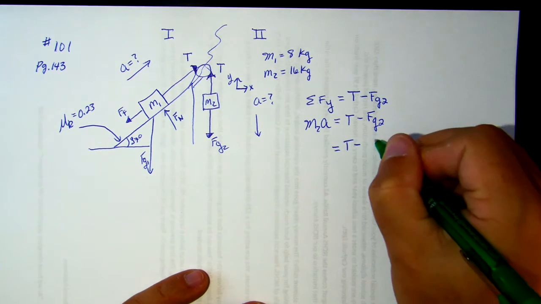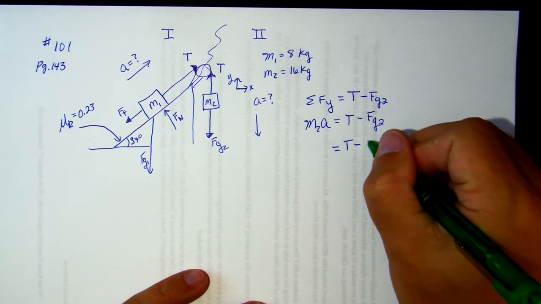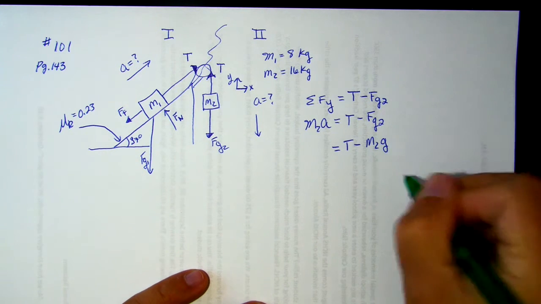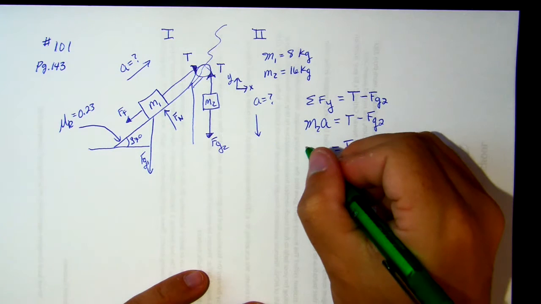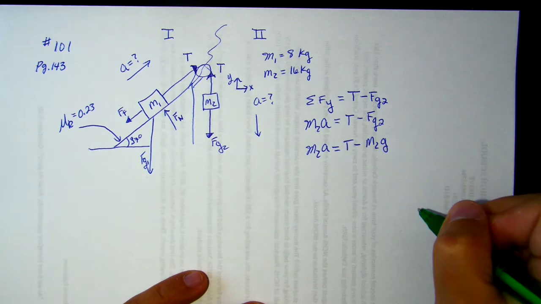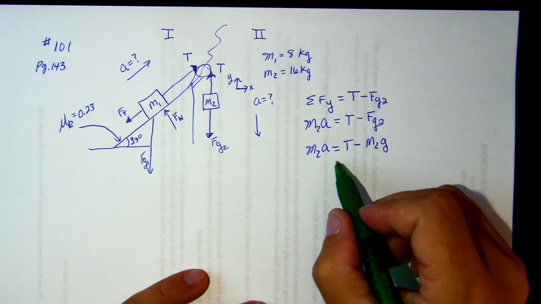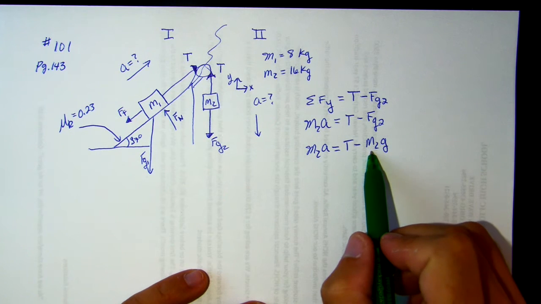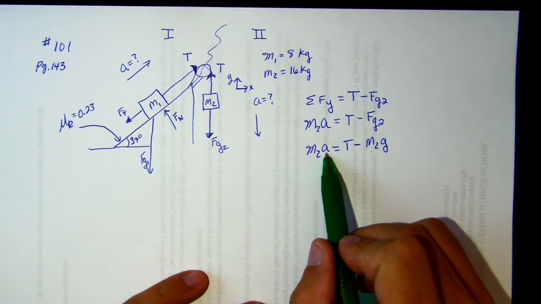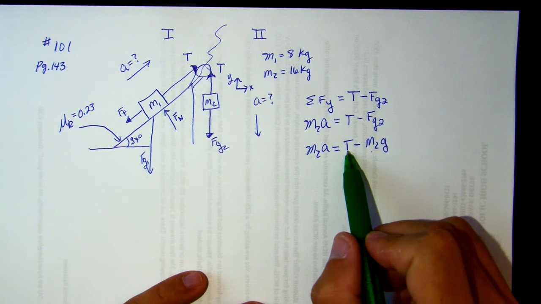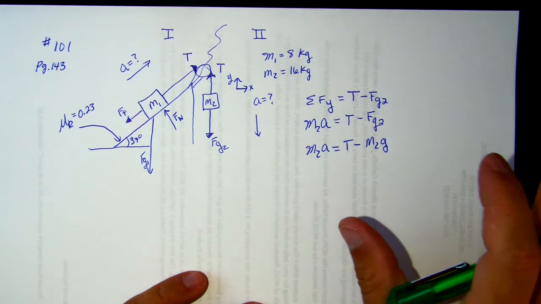So T minus FG2 is M2G, mass of object 2 times gravity. I know M2, I know G, I don't know A, that's what I'm looking for, and I don't know T. So I have one equation, two unknowns, so I'm stuck.